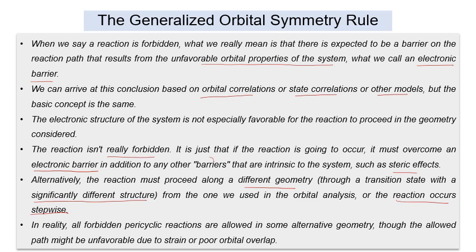Therefore, all forbidden pericyclic reactions are allowed in alternative geometry. Although the allowed path may be unfavorable due to some kind of strain or very low orbital overlap, so the bond formation may not be efficient.